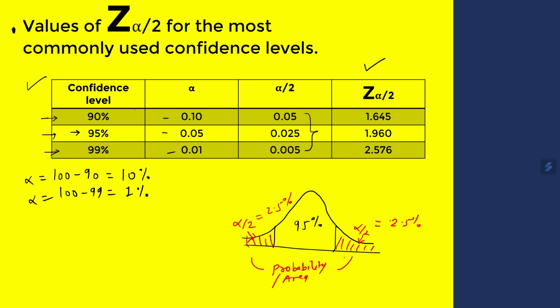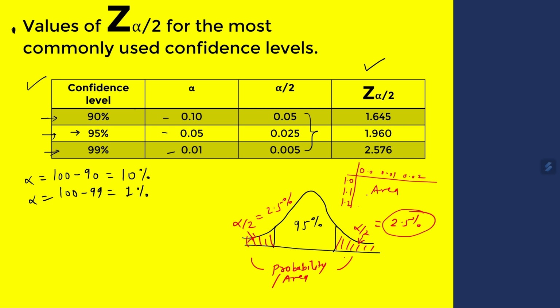When you check the Z table, in the Z table we have the following ranges: 1.0, then 1.1, 1.2, 1.3, and so on. And here you have 0.0, then 0.01, then 0.02, and so on. The inside of this table includes the area, right?